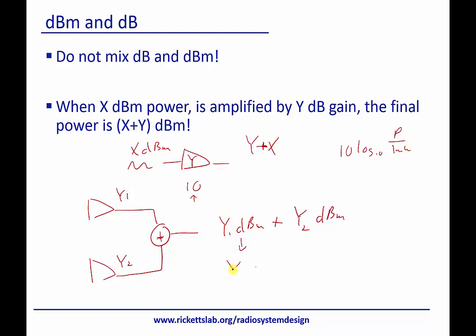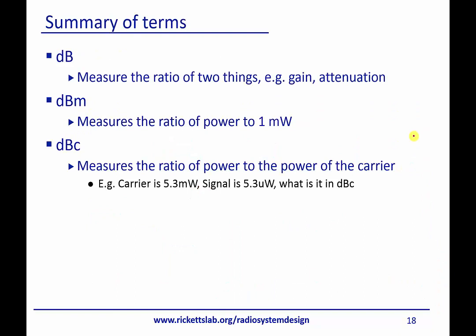So what I would do is take Y1 and divide it by 10, and take all of that to the 10th power and multiply it by 1 milliwatt, and that gives me Y1 in linear, and I would add that to 10 to the power Y2 over 10 times 1 milliwatt, and that would give me the linear power out here. So this would be P out in linear. And if I wanted to put that back in dBm, I would just go back to this equation.